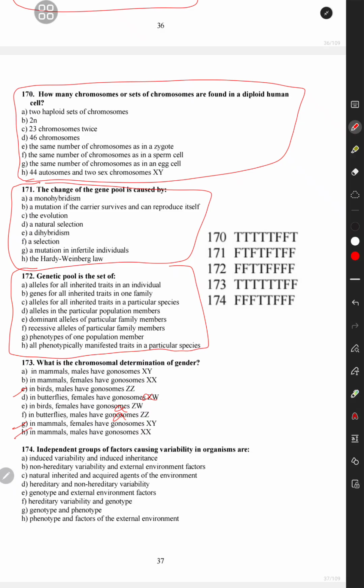In butterflies, मैंने सही किया था यार. Males have XY, females have XX, birds have ZZ, butterflies have ZW. Bird, female have ZW. इनमें भी ZW है. Butterflies और birds एक ही बात है.